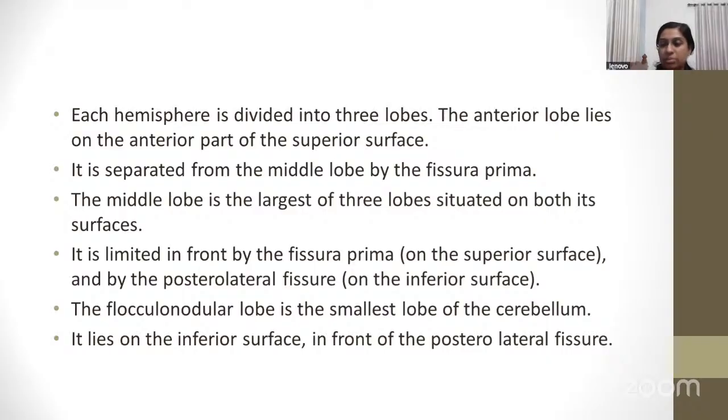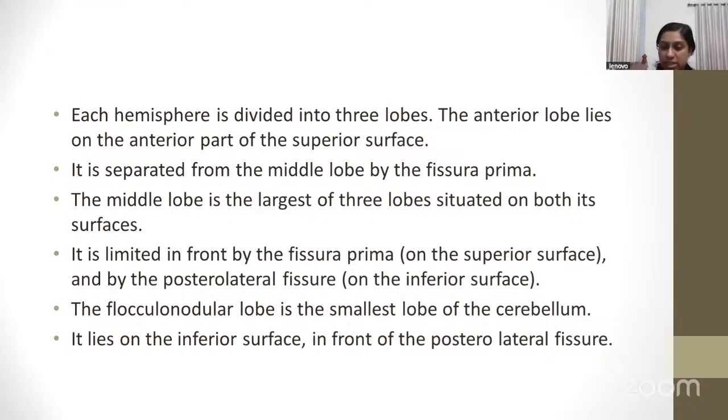Like that, the cerebellum has undergone folding. It's just like a closed book. This posterolateral fissure, though by its name it is said to be posterior, is located anteriorly because of the folding of the cerebellum during development. The flocculonodular lobe is the smallest lobe, and the largest lobe is the middle lobe, or the posterior lobe.